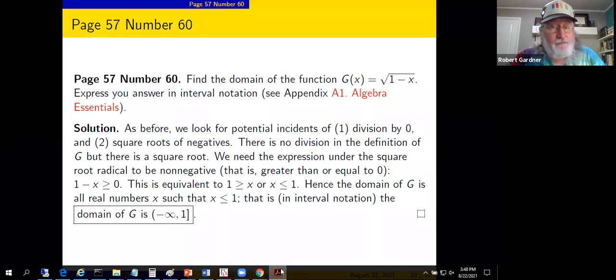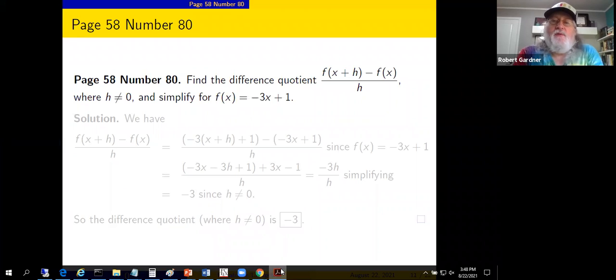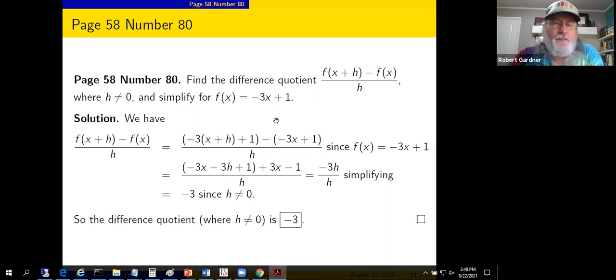Some examples. Find the difference quotient, f of x plus h minus f of x, quantity divided by h, where h is non-zero, and simplify it for f of x equals negative 3x plus 1. A couple of examples ago, we dealt with this f of x plus h kind of stuff.